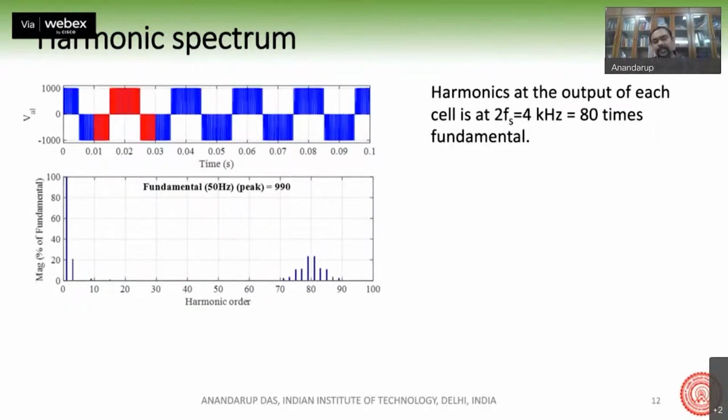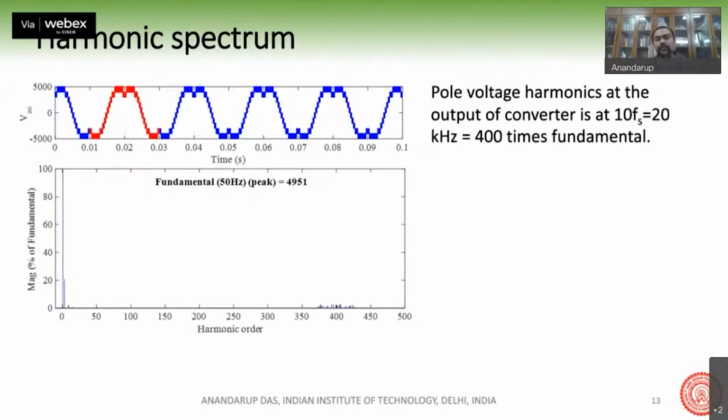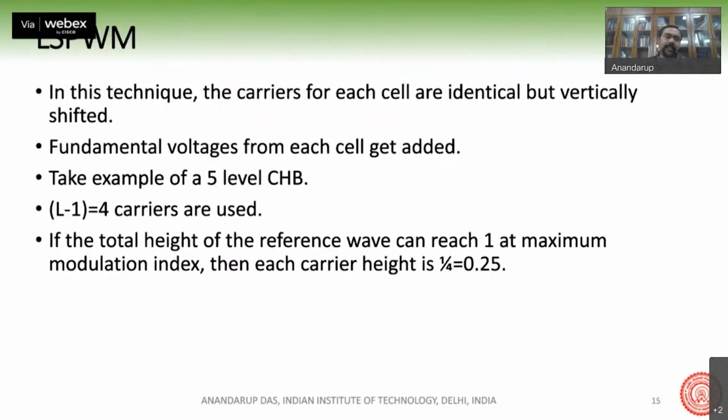So the harmonic spectrum you can see here is around 80 times the fundamental, and it is going to 20 kilohertz when you have 4 or 5 cells in the converter. The same thing can also be done with level shifted PWM.